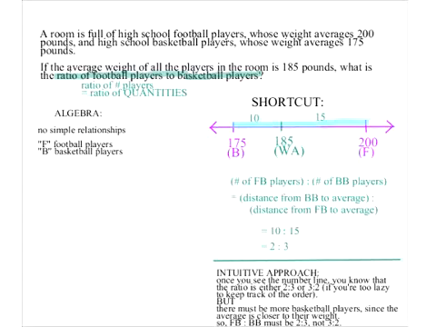So the average weight is F times 200 plus B times 175 over the total count of players, F plus B, and that equals 185.